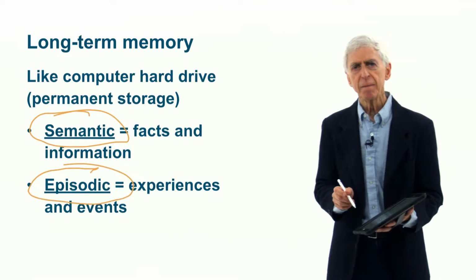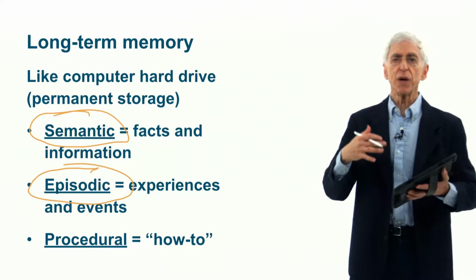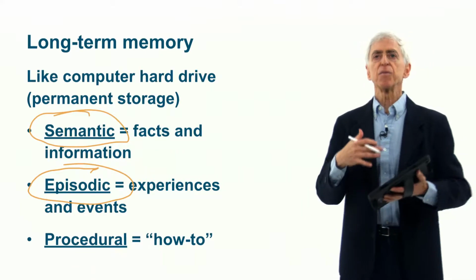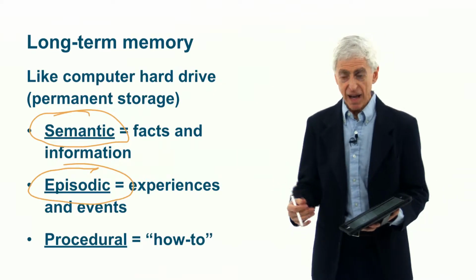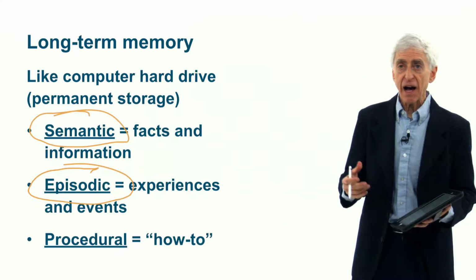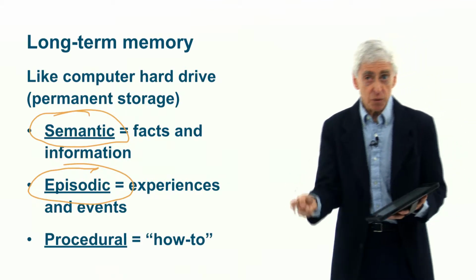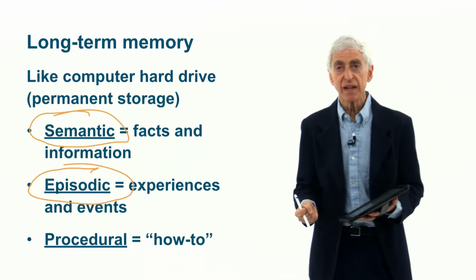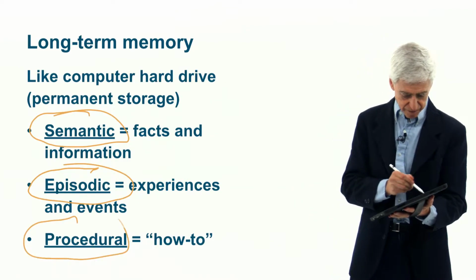Okay? And a third part of the brain is remembering procedural, how to do something, how to pick up a spoon, how to use a saw, okay? How to use a wrench, how to behave in a certain kind of situation. That's procedural.